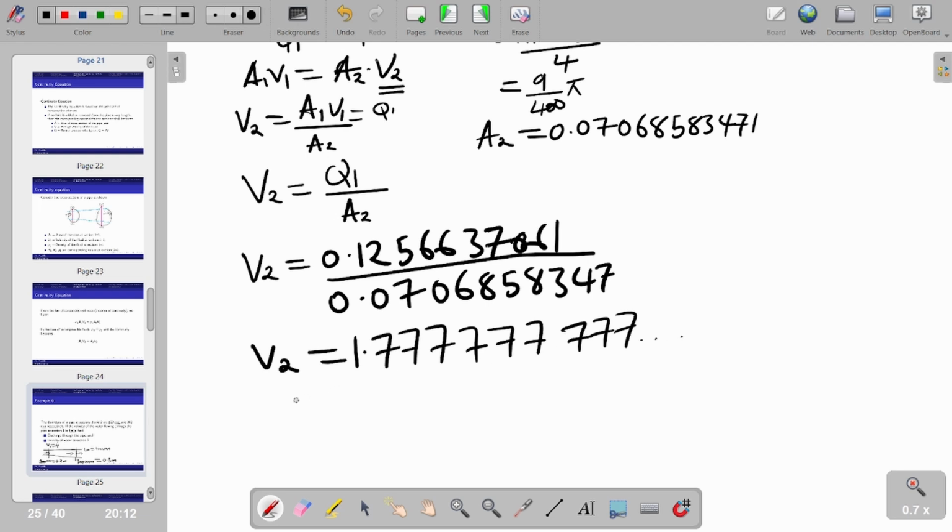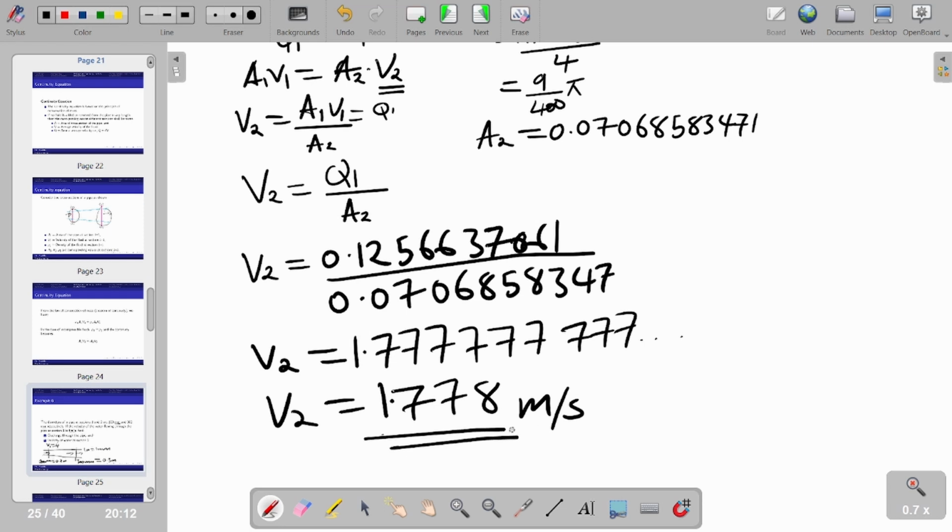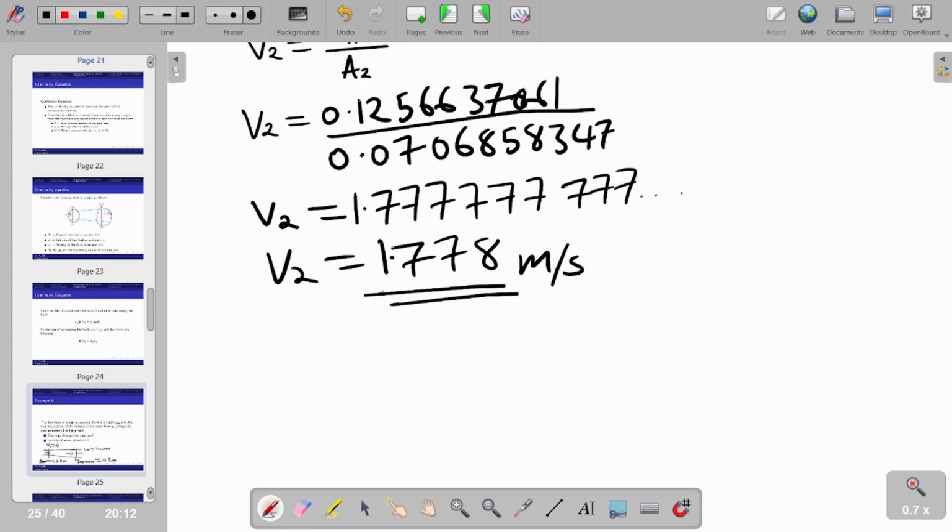So you can round off to 3 decimal places, 1.778 meters per second. So this is the velocity at section number 2.